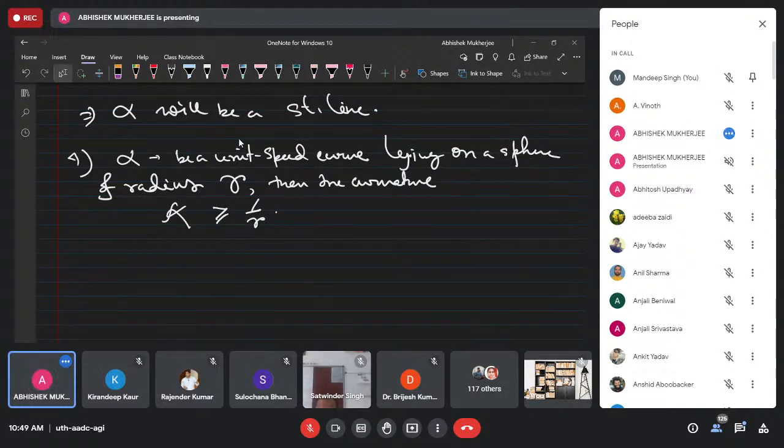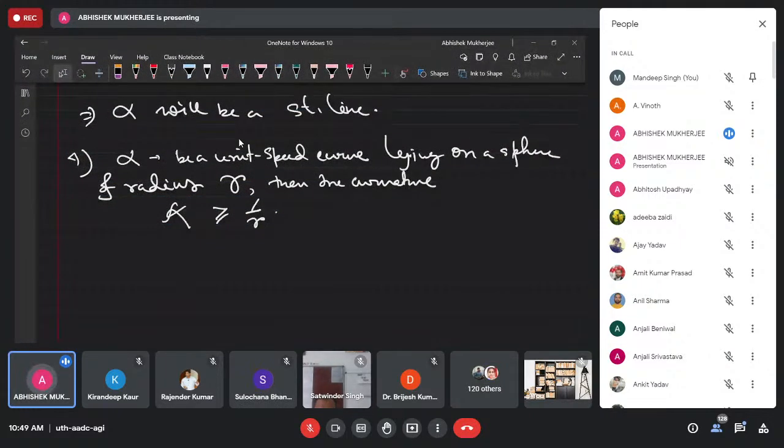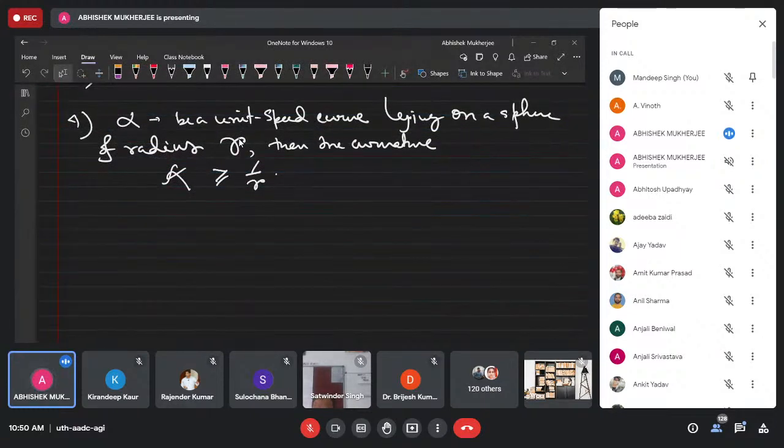And you will see that if you are considering a circle of radius r, then your curvature will be 1 by r. Okay, that you can check. And this fact can be proved just by using the property of the curve, that it is of unit speed.